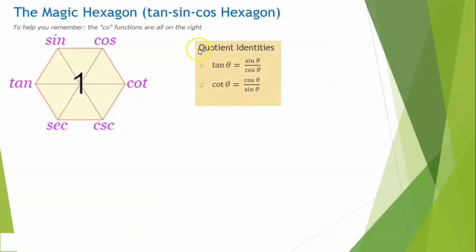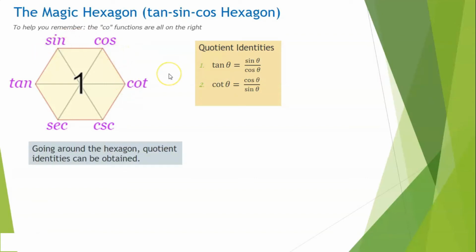Now for quotient identities, we can simply move clockwise. So for example, tangent is sine divided by cosine. For cotangent, simply reverse that: cotangent is cosine divided by sine. So going around the hexagon will give you quotient identities.